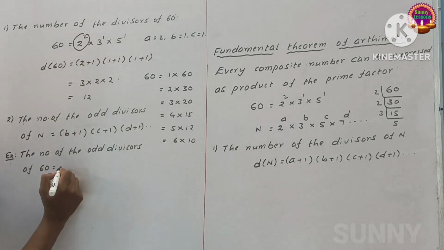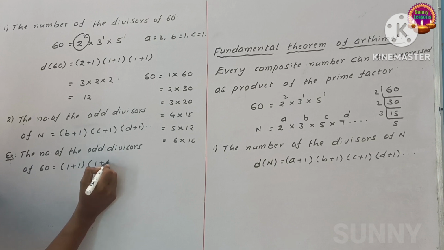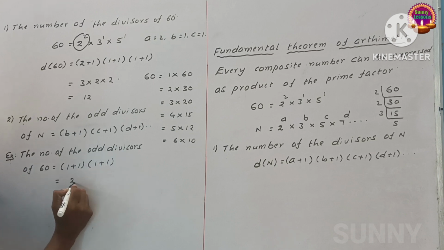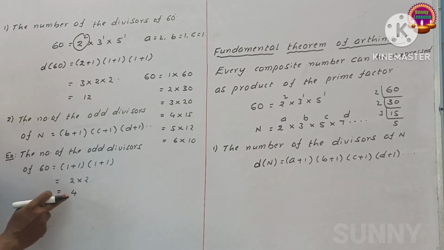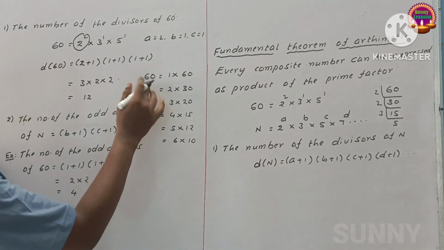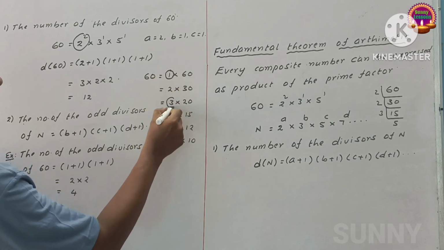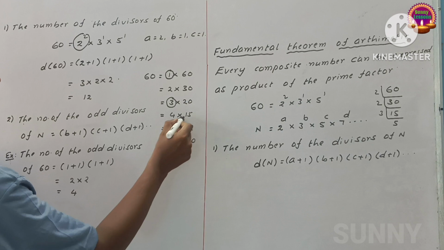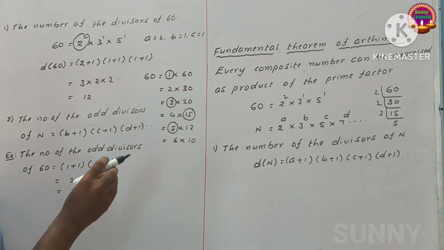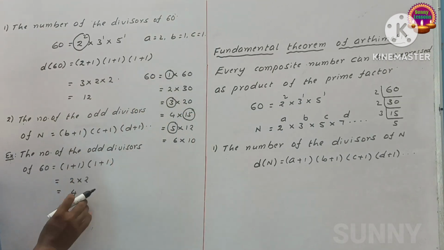So b plus 1 means 1 plus 1, c plus 1 means 1 plus 1. So 2 into 2, the number of the odd divisors of 60 is 4. Once check the odd divisors of 60: 1, 3, 5, 15. So 60 has 4 odd divisors.